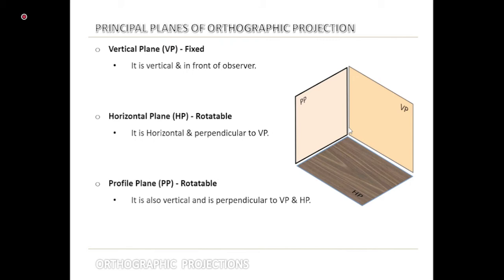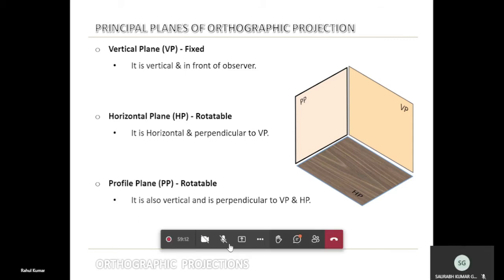Will it be clockwise or will it be counterclockwise? Now I have given you one answer that vertical plane remains fixed. Horizontal and profile plane can rotate. Now, can you recall? Counterclockwise. Clockwise? Sir, counterclockwise. Okay, I want you to keep your answers with you. Let's see.